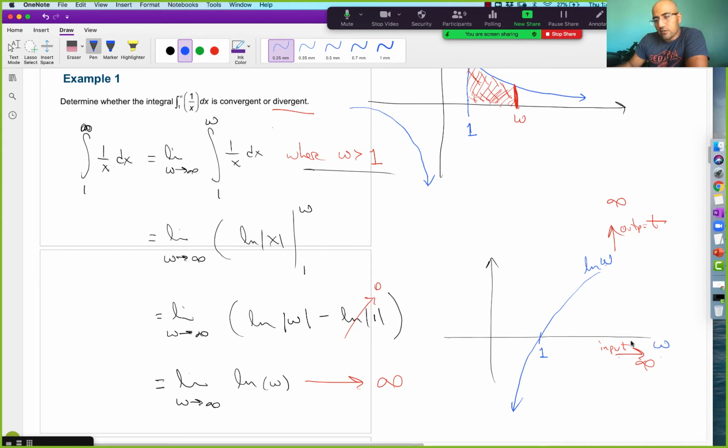As the input gets larger and larger, the output gets larger and larger. It never stops growing, so it goes off to infinity. So that's what this is. This ln of w, the limit as w goes off to infinity, that whole thing goes off to infinity. It doesn't equal any constant.